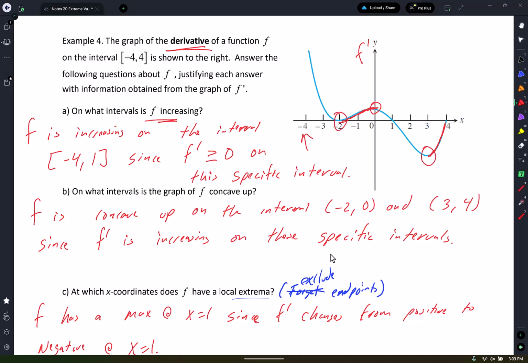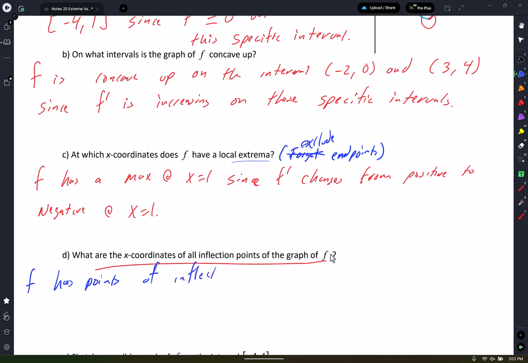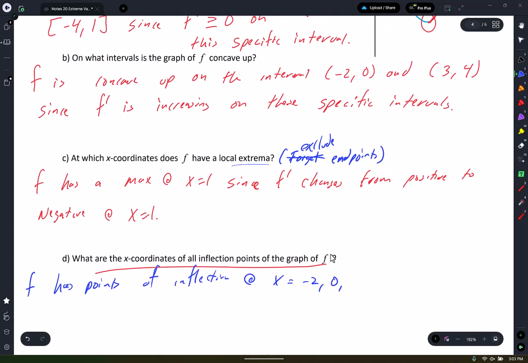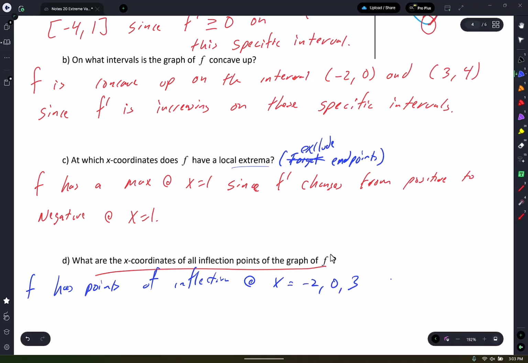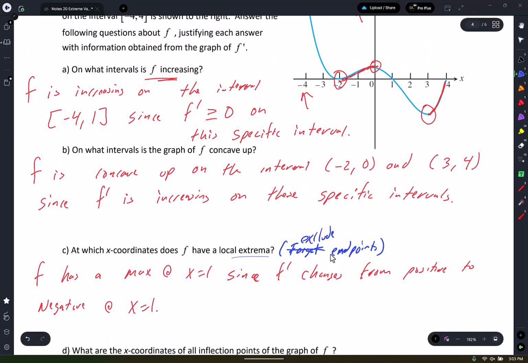I'm going to put them in order. You always want to go left to right, but that's fine. I'm going to write f has points of inflection at x equals -2, 0, 3, since f prime goes from what to what?